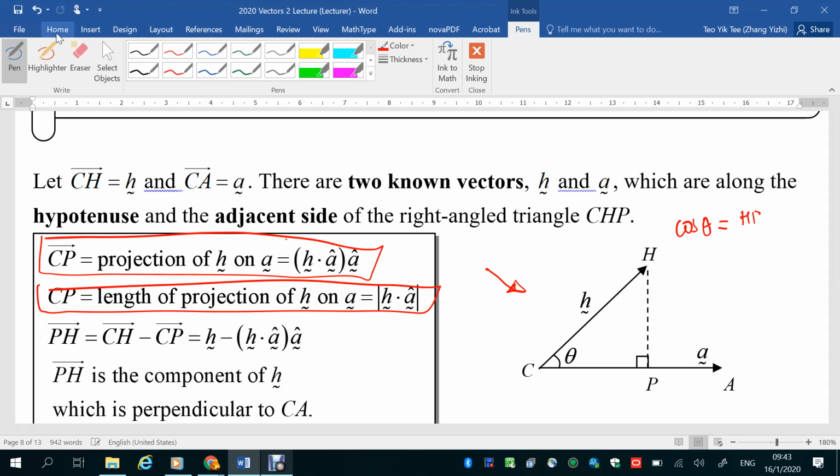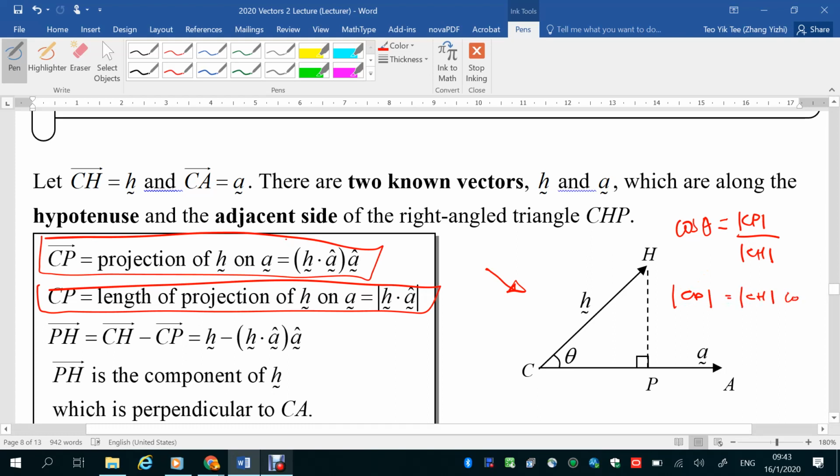No, CP over CH, right? Make sense? Anyone lost so far? So what actually is the length CP? If I play around with it, it's the magnitude of CH multiplied by cosine theta, right? Agree? So far so good?